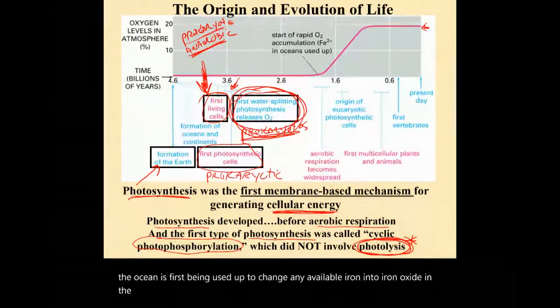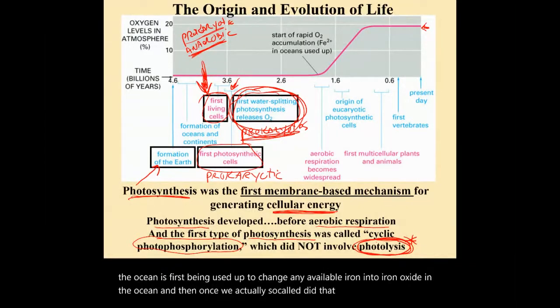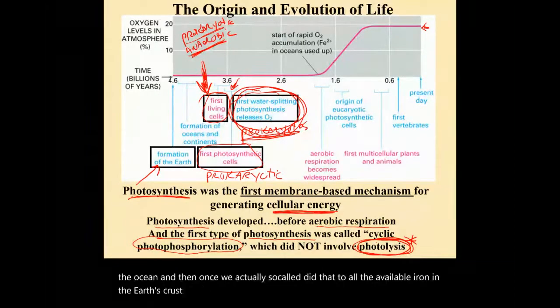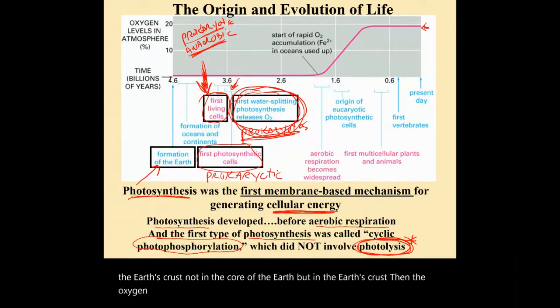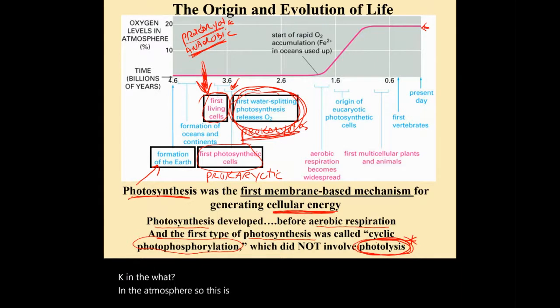And then once we did that to all the available iron in the Earth's crust, not in the core of the Earth, but in the Earth's crust, then the oxygen would start bubbling out of the ocean and start to accumulate in the what? In the atmosphere.